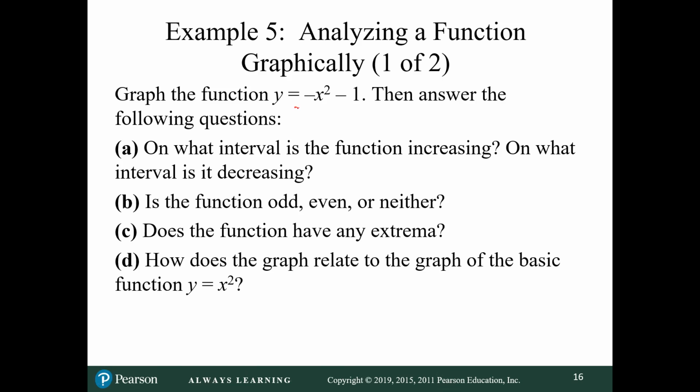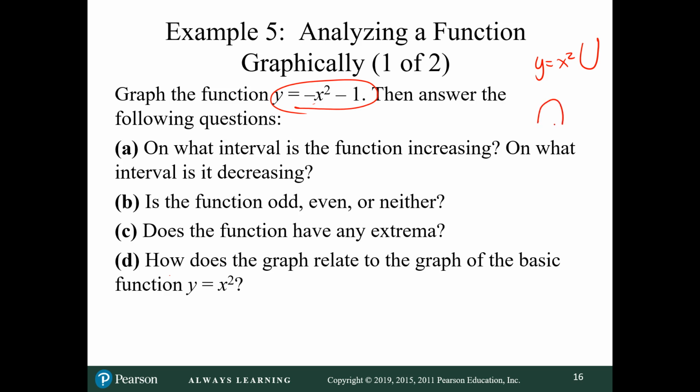If we look at this function, which basic function does it derive from? The squaring function. Y equals x squared looks like this. When you put a negative in front of the x, what happens to it?